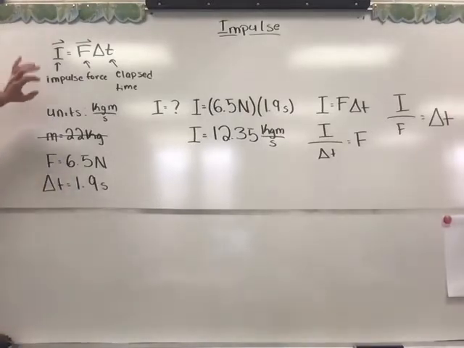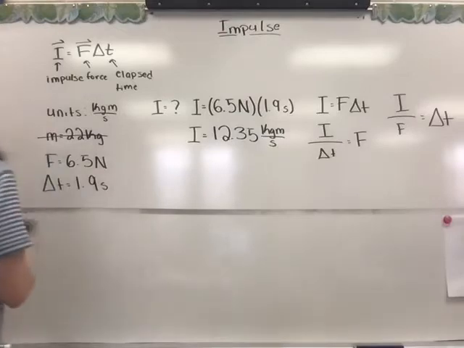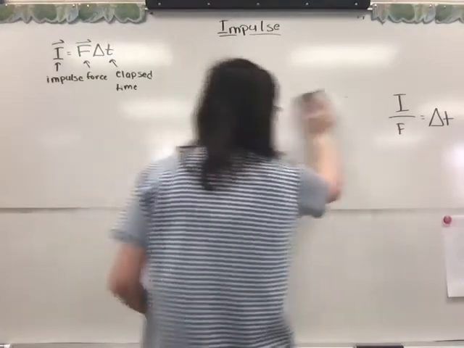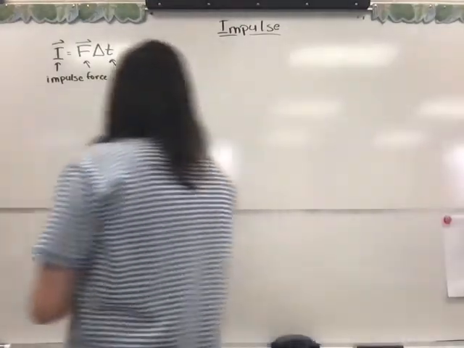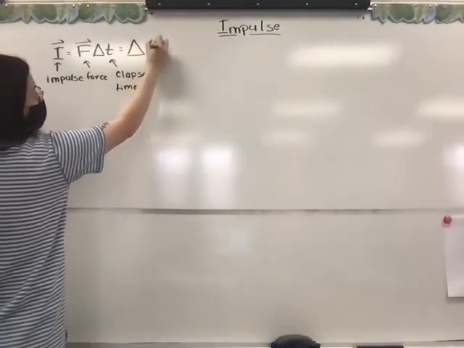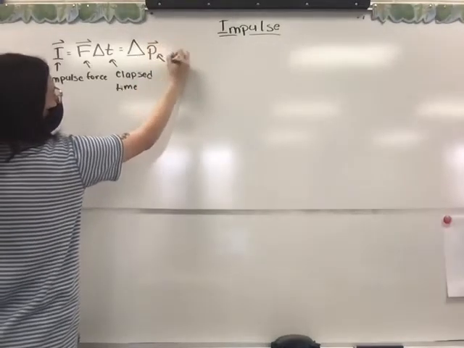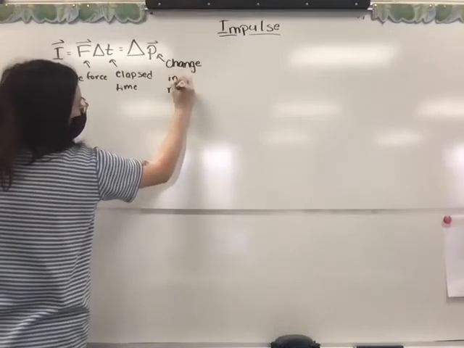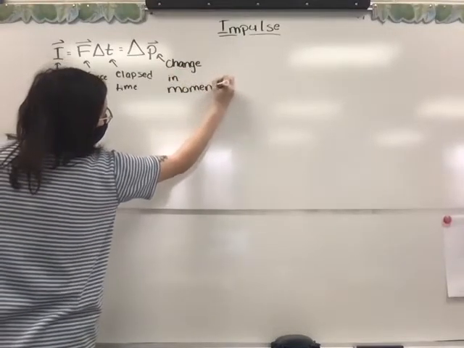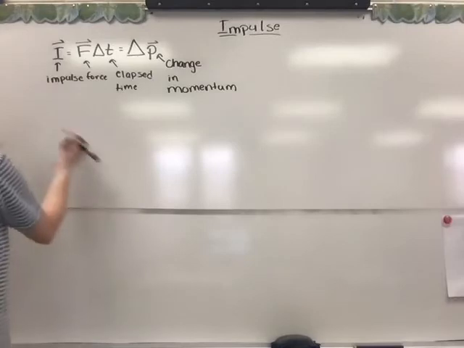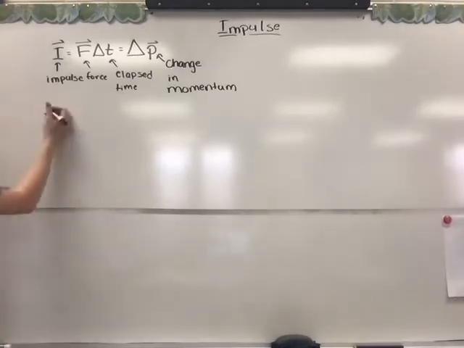So this is one of the equations for impulse, right? Impulse is also equal to something else, and it's why we teach it hand in hand with momentum. Because the other thing that impulse is equal to is a change in momentum. Okay? So that means we have two equations now.